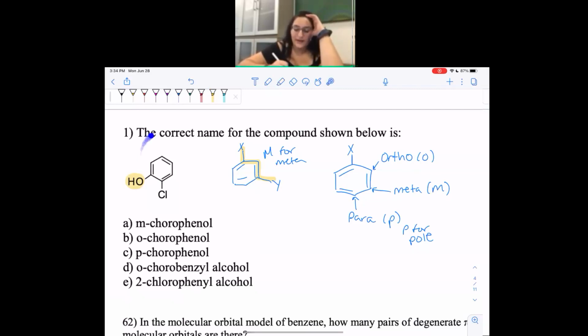We are going to compare everything to the OH. And so we have ortho, ortho, meta, meta, para. And we also know that the base that looks like so is a phenol. Why is it a phenol and not a benzyl alcohol?